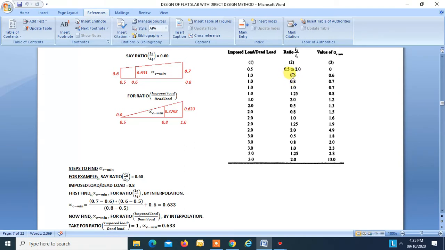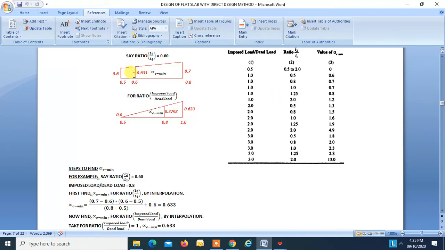So first we will interpolate and find alpha C minimum for this ratio of L2 by L1. When it is 0.5, alpha C minimum is 0.6. When L2 by L1 is 0.8, alpha C minimum is 0.7. Now we want to find it for 0.6, which turns out to be 0.633.